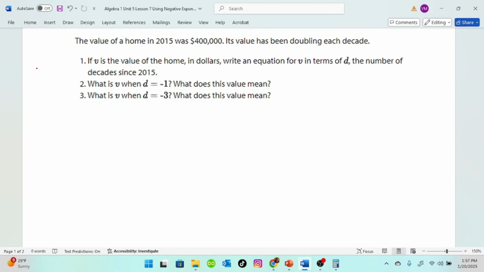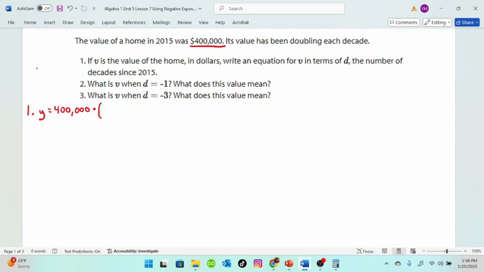So, number 1, they want us to write the exponential equation. So remember, we need 2 main ingredients for that. First, we're going to need the initial amount. And right here, they tell us the initial amount is $400,000. So we have y equals 400,000. We need to multiply that by the growth factor.